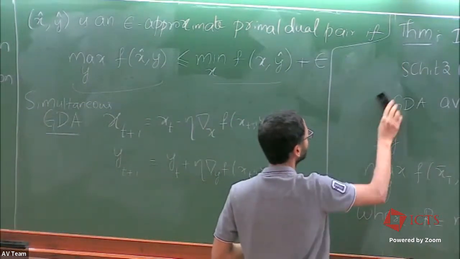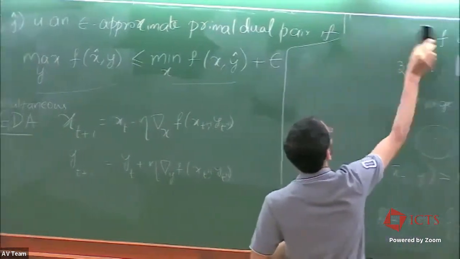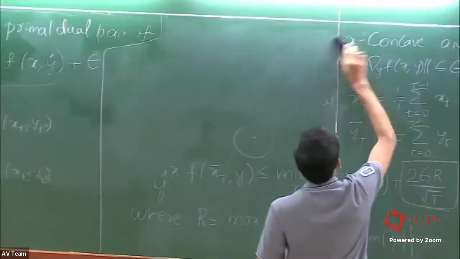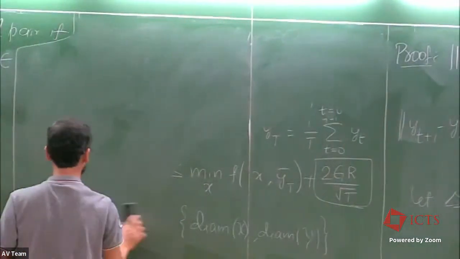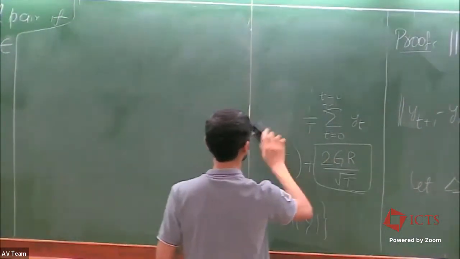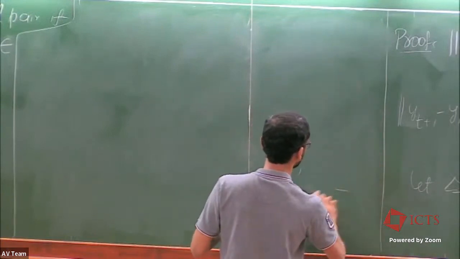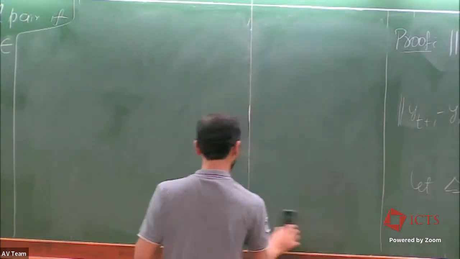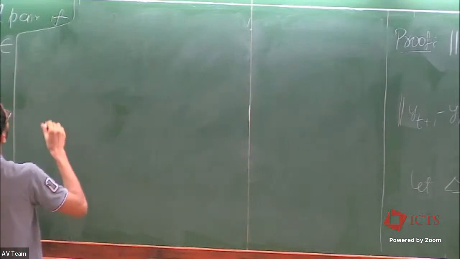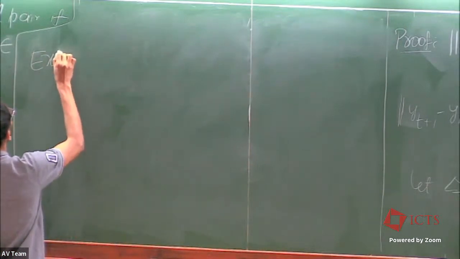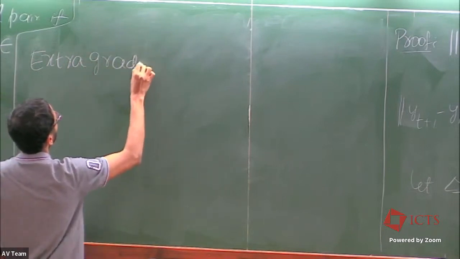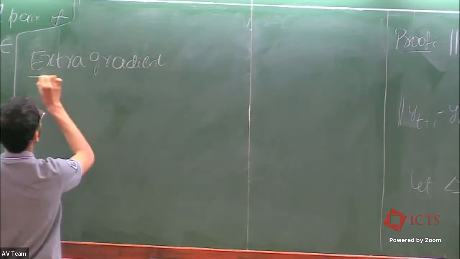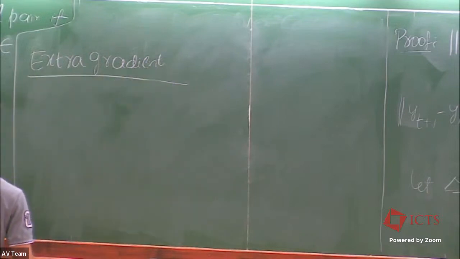They're called extra gradient methods. So actually, let me combine both of these as the following.